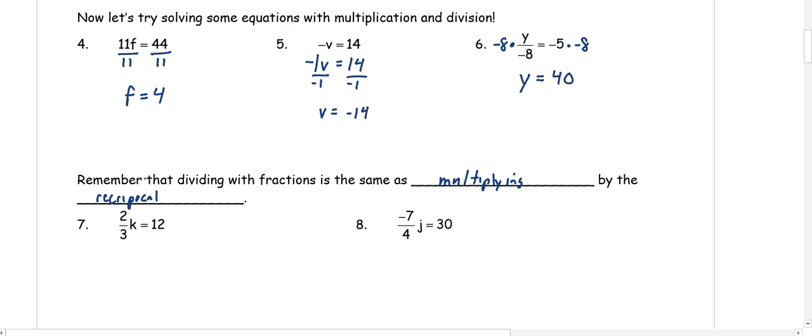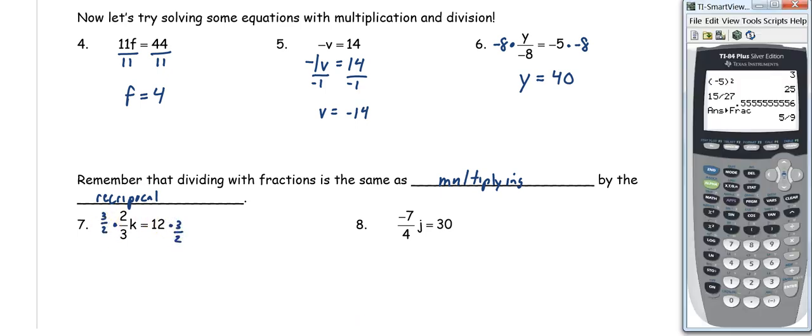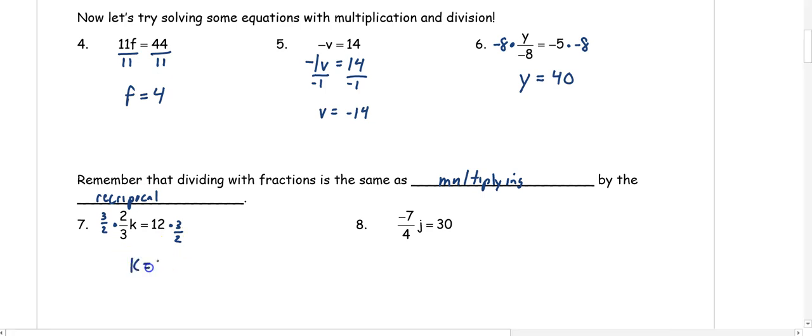So when I have 2/3 k equals 12, in order to get k by itself, I want to multiply by the reciprocal 3/2. We can put that into our calculator: 12 times parentheses 3 divided by 2, and we get k equals 18.